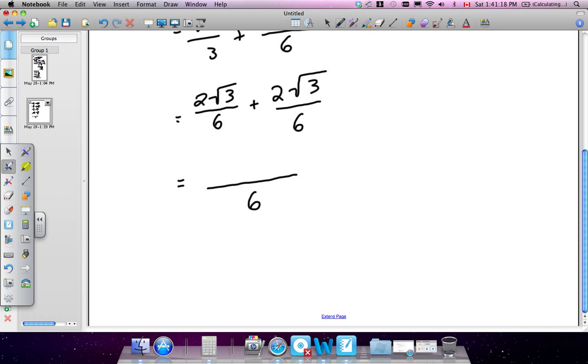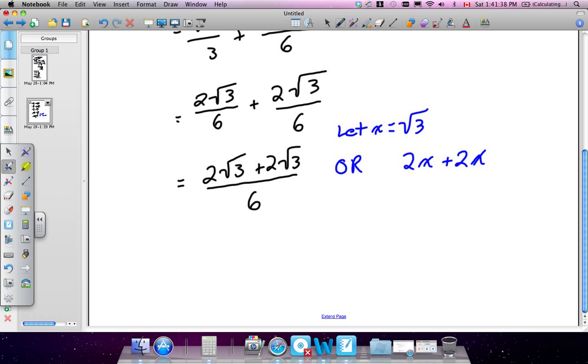Now, since we're adding fractions with like denominators, I'm just going to put them all above one denominator, because we know the denominator of the answer is going to be 6, and I'm just going to add those. 2 root 3 plus 2 root 3. And I want you to think of this: I'm going to say let x equal root 3, just to help us mentally a little.